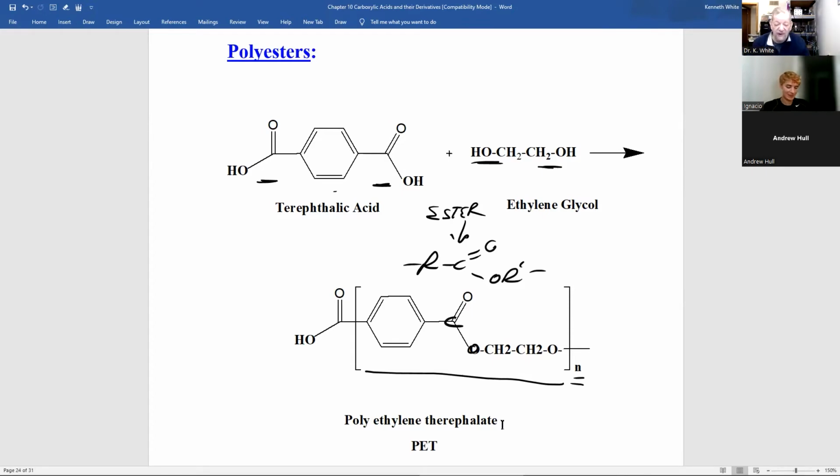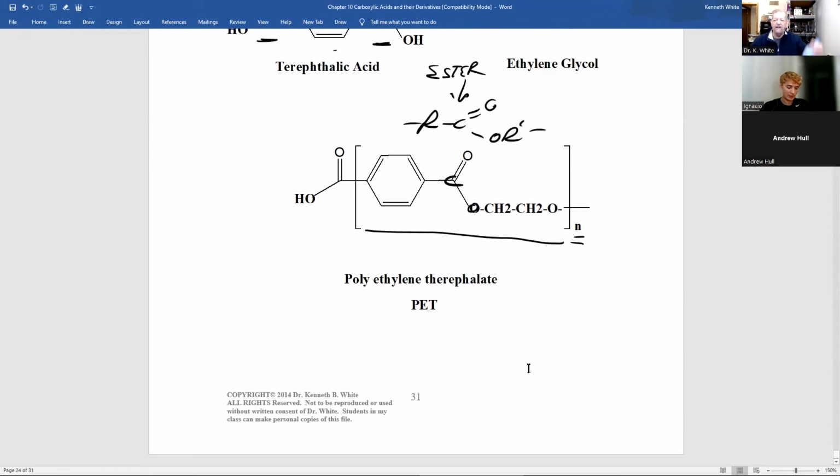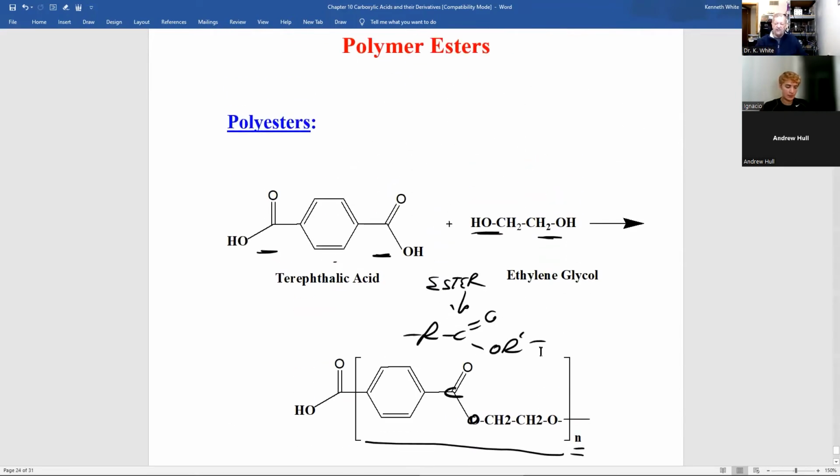So why are we learning about this? Well, this is called polyethylene terephthalate. It's also known as PET, and that's the material of this bottle. That's how you make things you use in your daily life. You have a water bottle, a pop bottle, the plastic that's used to make this is a polyester, and it's this polyester most of the time.